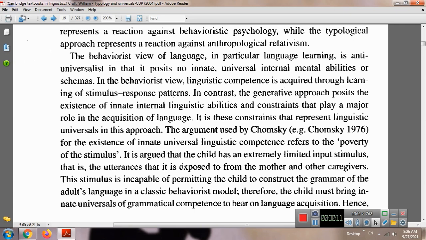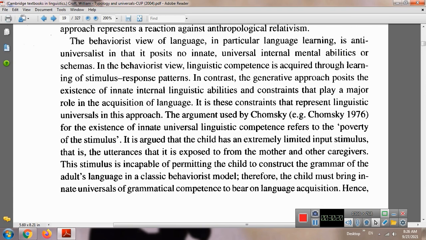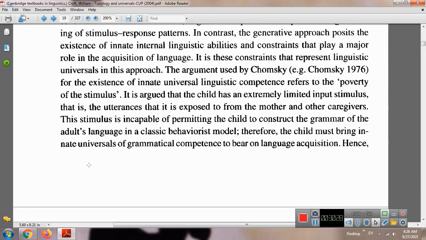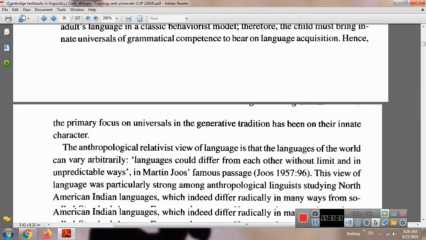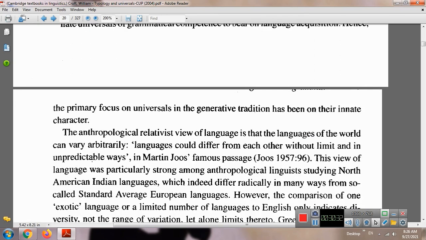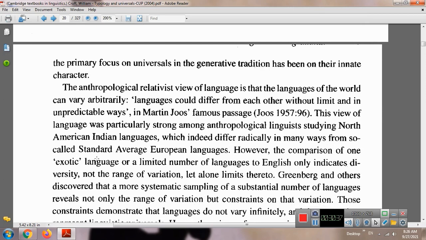This stimulus is incapable of permitting the child to construct the grammar of the adult's language in a classic behaviorist model. Therefore, the child must bring innate universals of grammatical competence to bear on language acquisition. Hence, the primary focus on universals in the generative tradition has been their innate character.